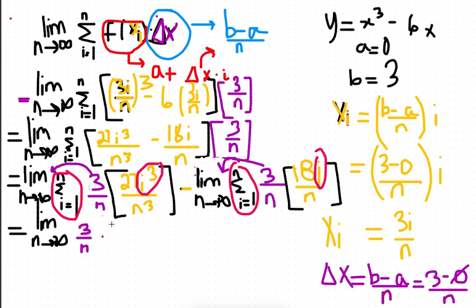So the 27 over n cubed is going to come out. And inside, we're just going to keep the i cubed there. We don't need brackets. Now, that's all this part.